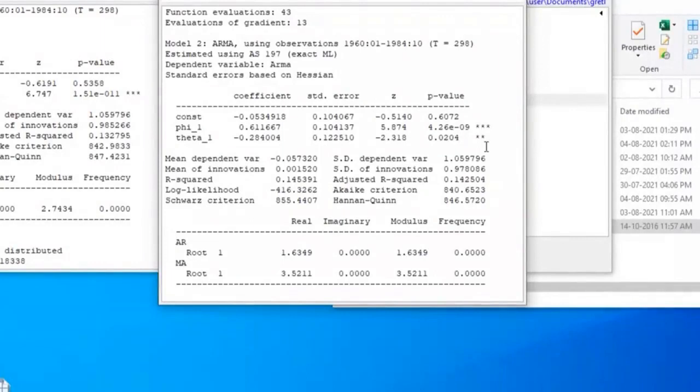But with Gretl now, earlier it was not possible, now it is possible to automatically identify the order of the particular ARIMA model. So that I shall show you later on. First I shall show you this one, the difficulty in modeling ARIMA. But since we have this new package, we can automatically find out the order and then come back to this ARIMA model window and do it.